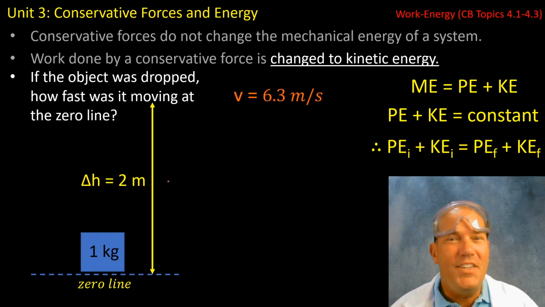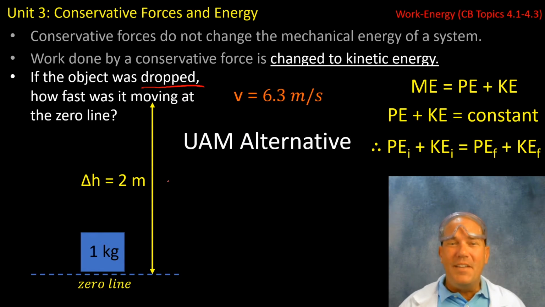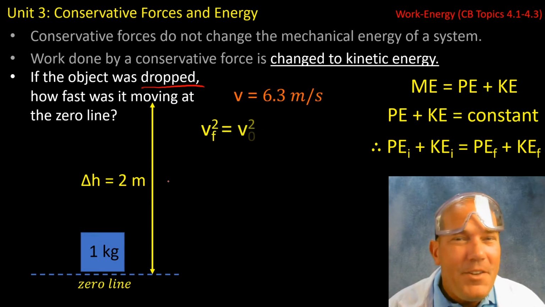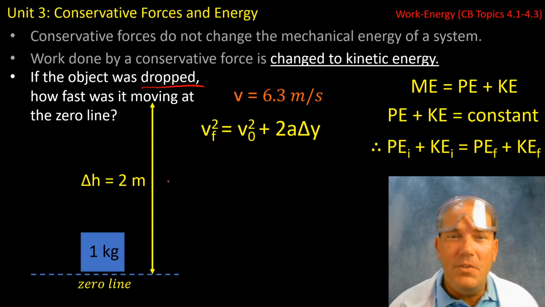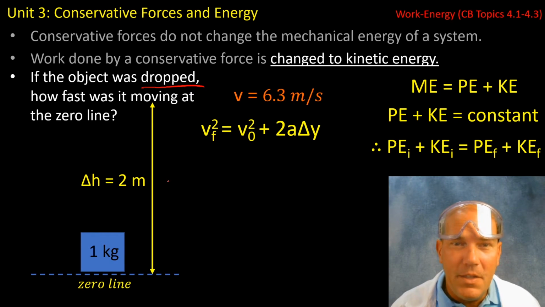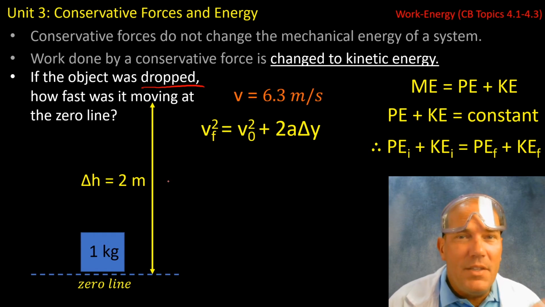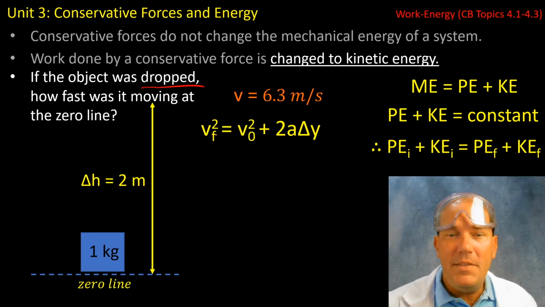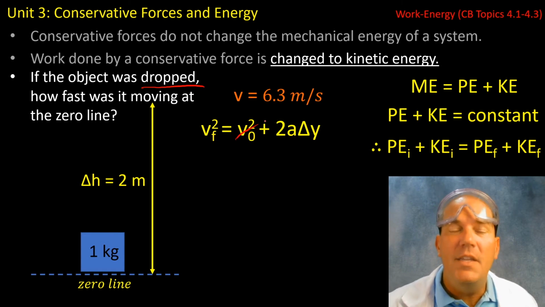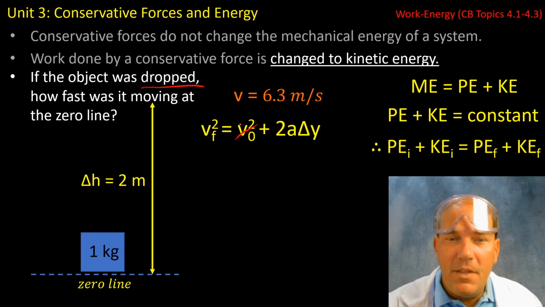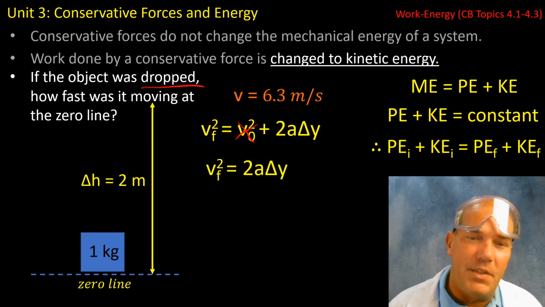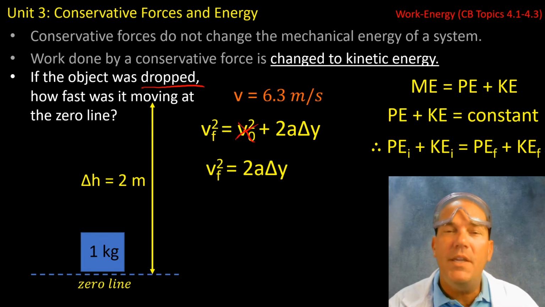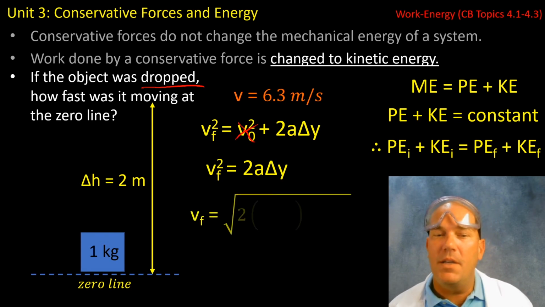Let's look at a UAM alternative. Now, we know nothing about time, so the only UAM equation that makes sense to try to use would be the one you see on your screen. And because the object is dropped, that implies that our initial velocity was 0. Well, if the initial velocity is 0, we can simplify this equation. And we can now go ahead and plug in values.